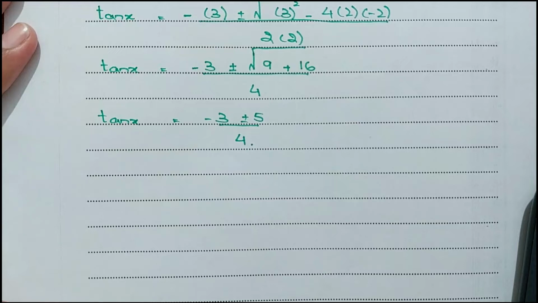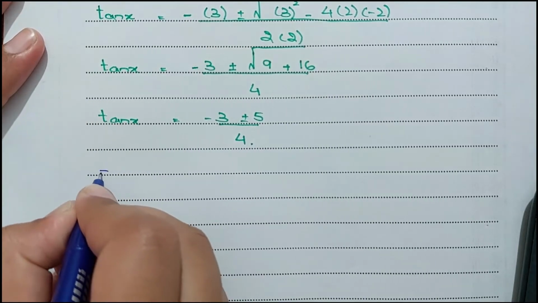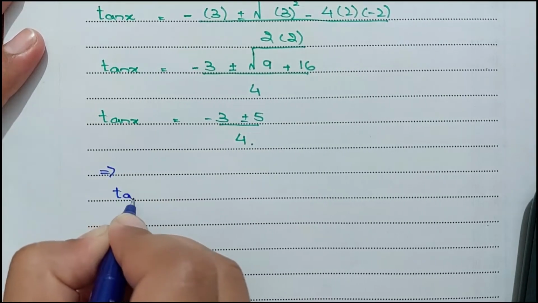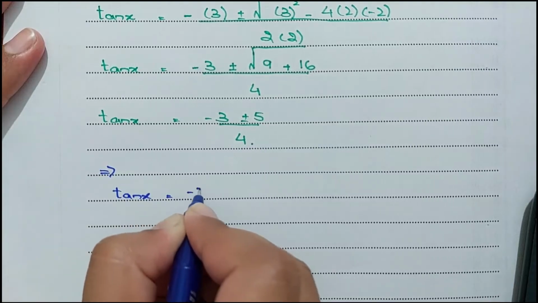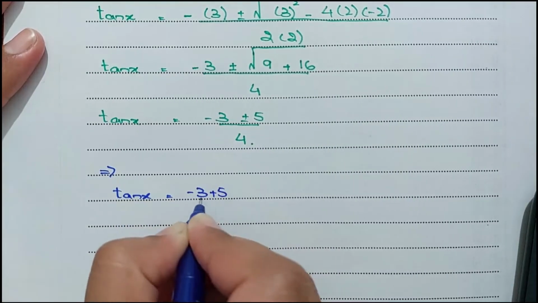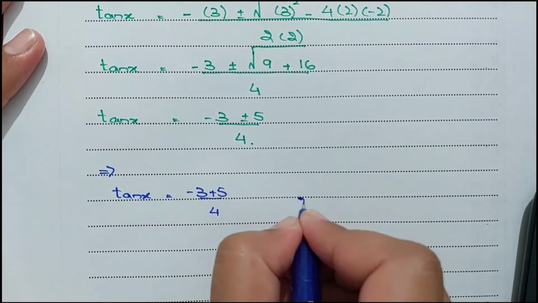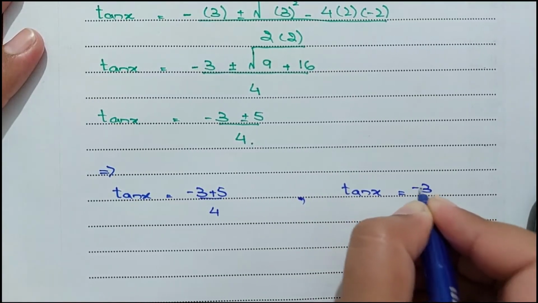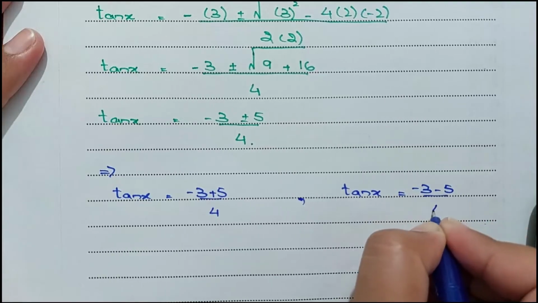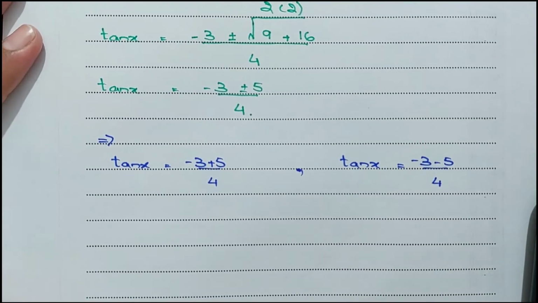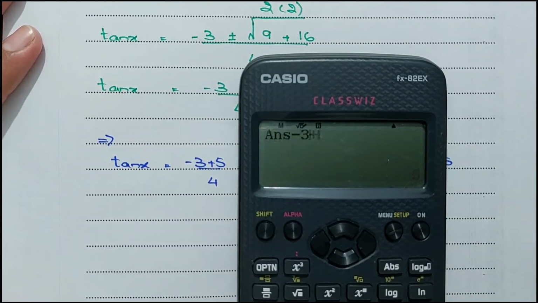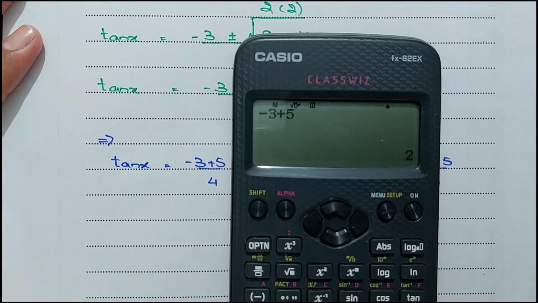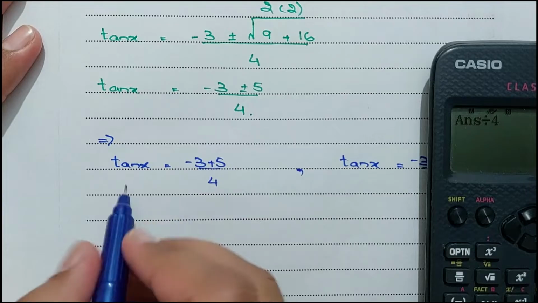Now we have two solutions over here. We can say tan x equals minus 3 plus 5 by 4, or tan x equals minus 3 minus 5 by 4. Minus 3 plus 5 is 2, 2 by 4, which is 1 by 2.